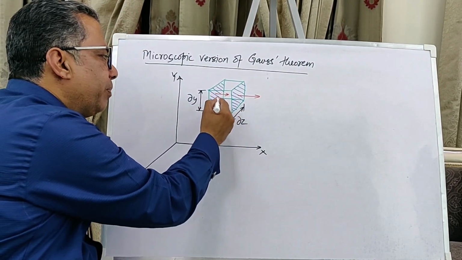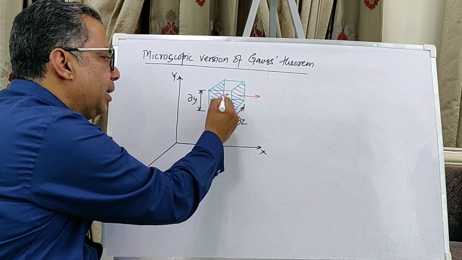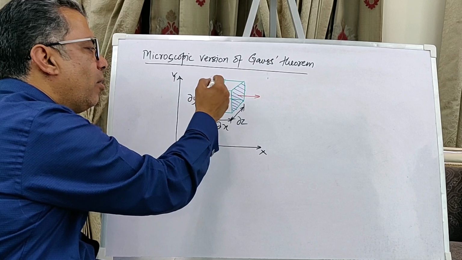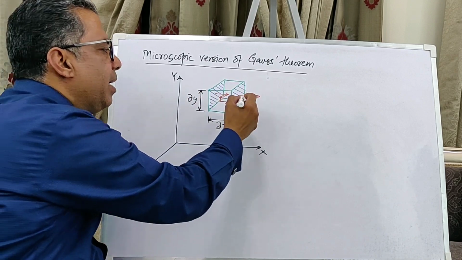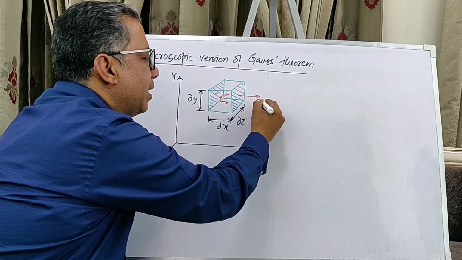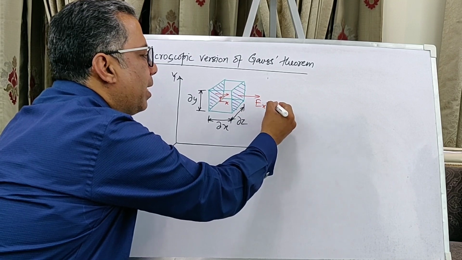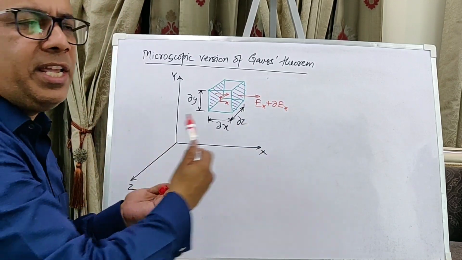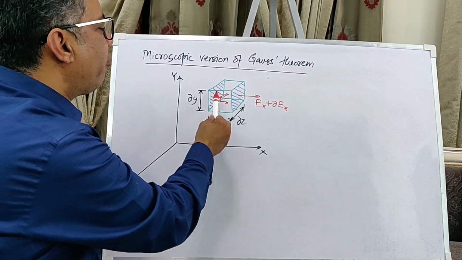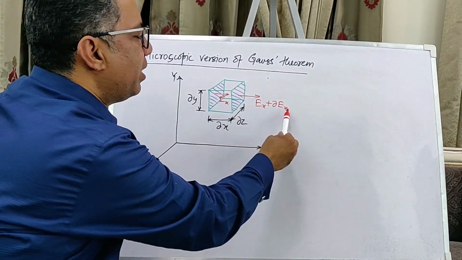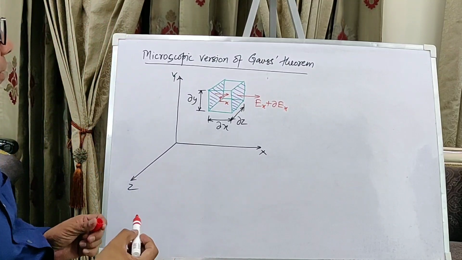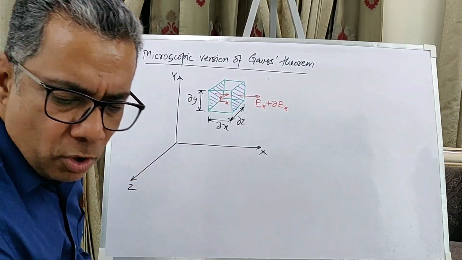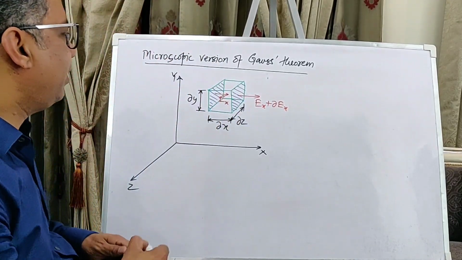Let's say over here, the electric field is Ex. The x component of electric field here on this face is Ex, and on this face it is Ex plus del Ex. Since the electric field varies with x coordinate from here to here, it has undergone this amount of change. Now let's calculate the flux on these two faces.